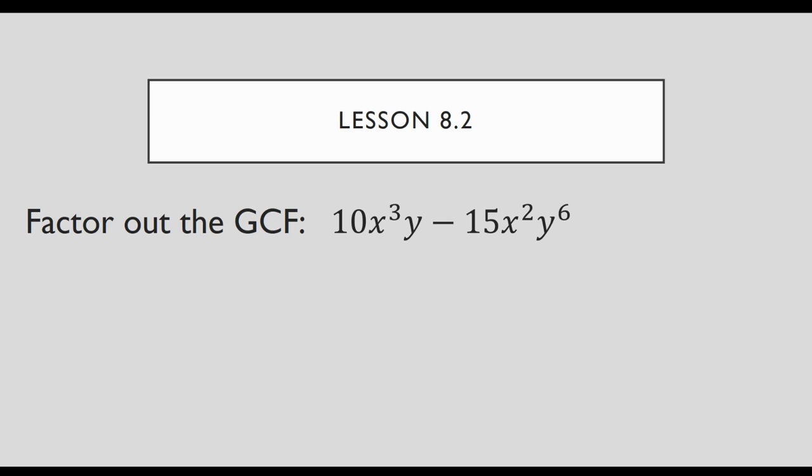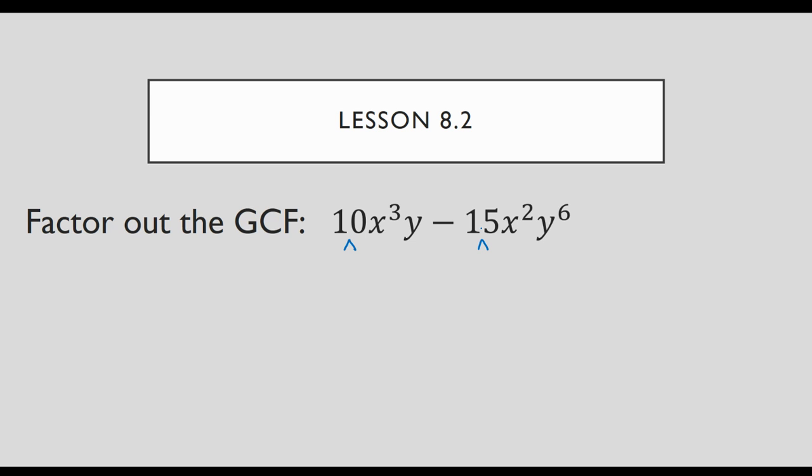Also in lesson 8.2, we talked about factoring out the GCF. So remember, when we're looking for a GCF, we're looking to see what numbers do they have in common, the biggest number they have in common, and what's the biggest amount of variables that they have in common.